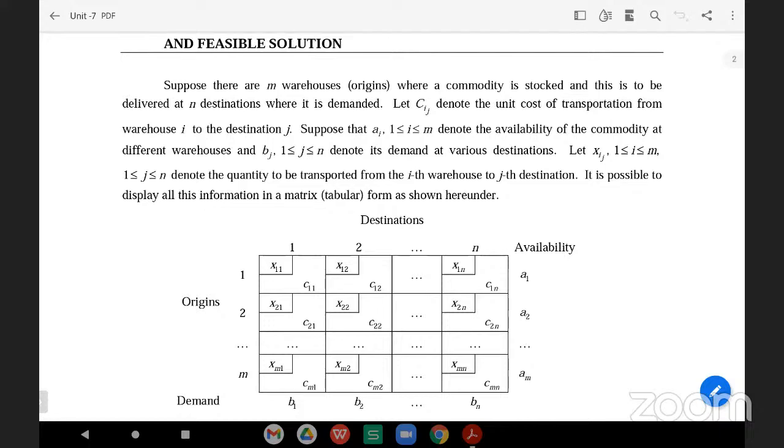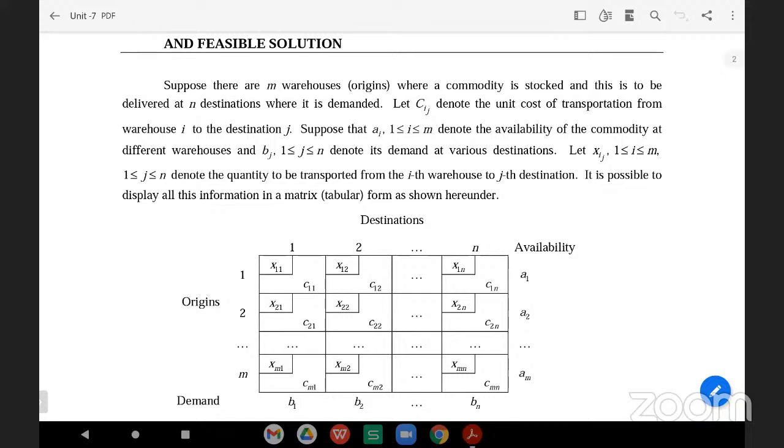That is the idea of the solution variables, meaning how many units we want to consider. Next, C11 is the shipping cost from origin to destination: C11, C12, so on, C1n, C21, C22, C2n, and Cm1, Cm2, so on, Cmn. These are all the shipping costs from the origins to the destinations.